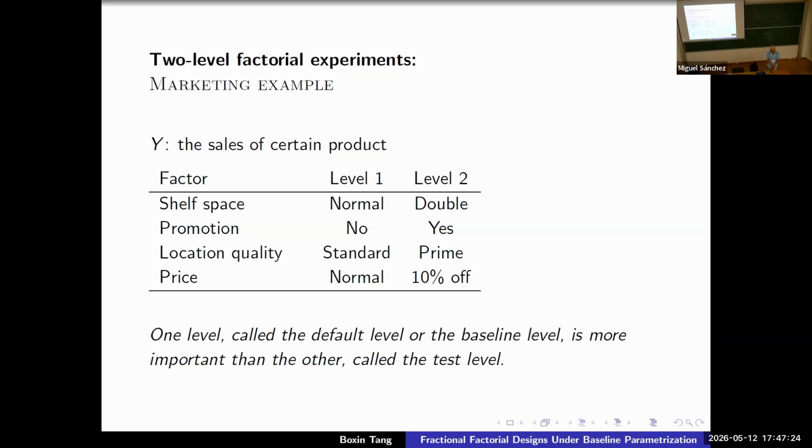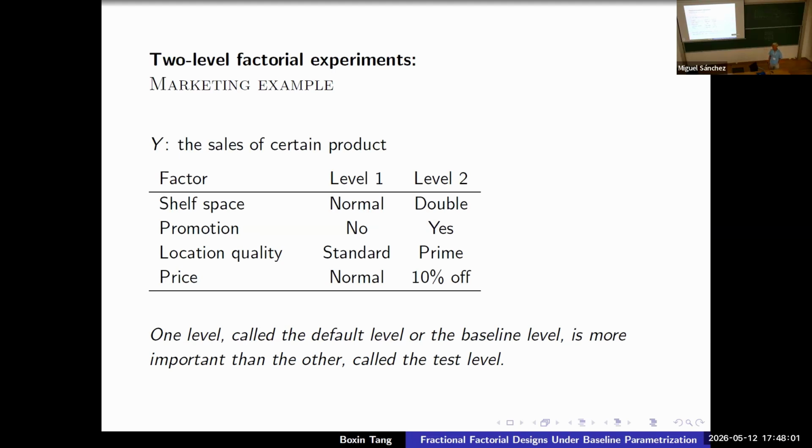The prime locations are those at the entrance, at the cashier, the exit, and those near milk, for example, or beer. Those are good locations. There's a standard location and a prime location. The fourth factor is price. Normal price, and we certainly know that if you reduce the price, it can make a difference. So let's see whether 10% off makes a difference.